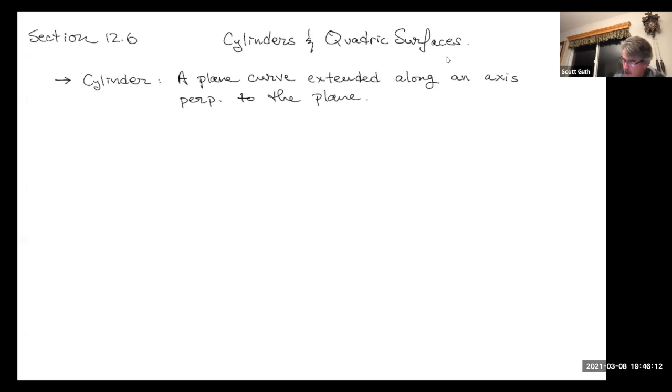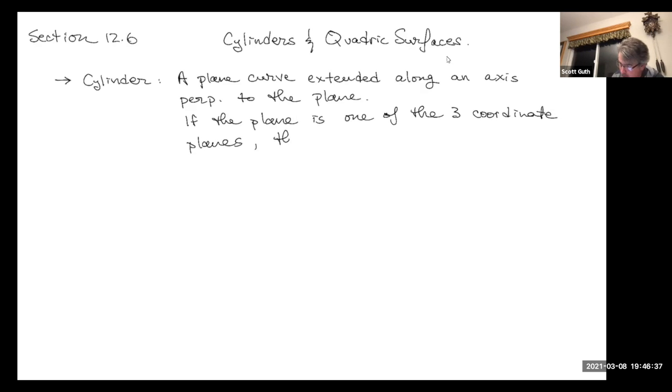Okay, so if the plane is one of the 3 coordinate planes, then the cylinder is just an equation in 2 variables.